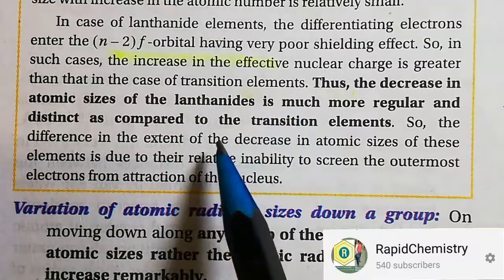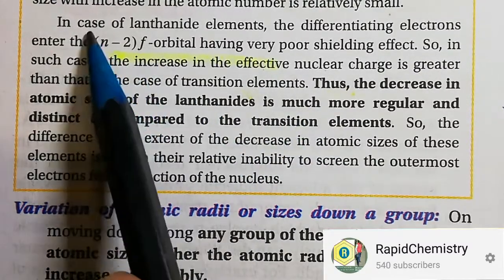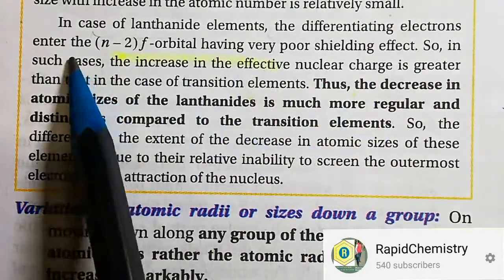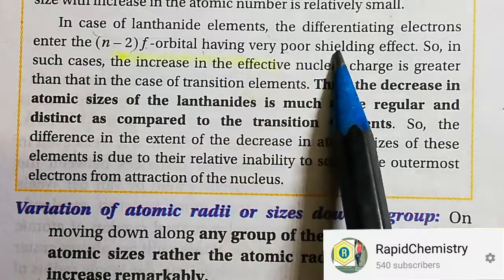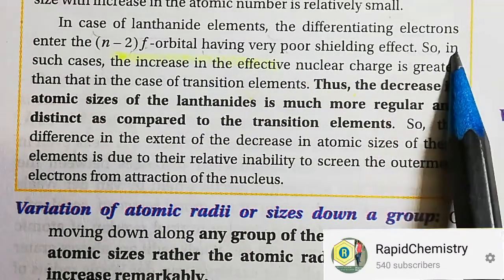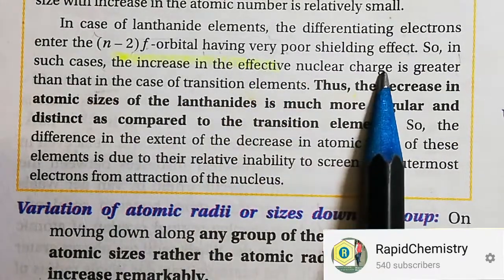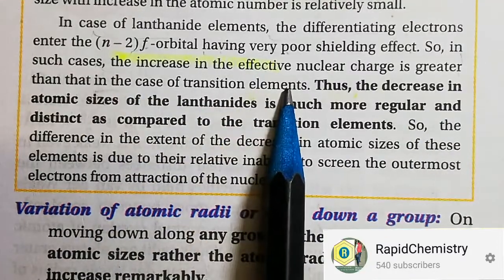Now here we will discuss lanthanide contraction. In the case of lanthanide elements, the differentiating electrons enter the (n-2)f orbital, which has a very poor shielding effect. So in such cases the increase in the effective nuclear charge is greater than that in the case of transition elements.